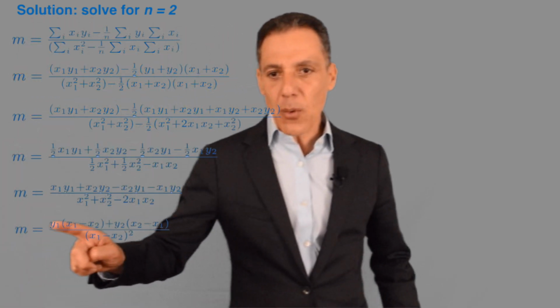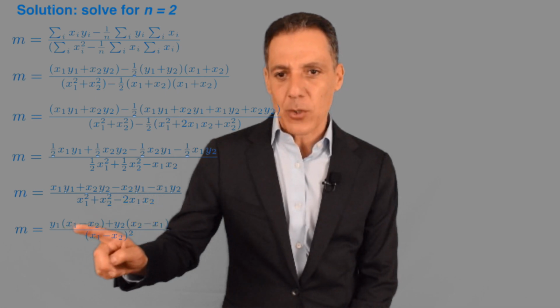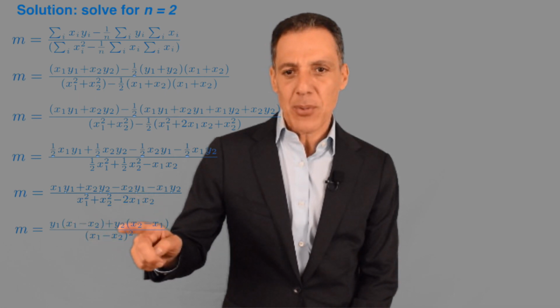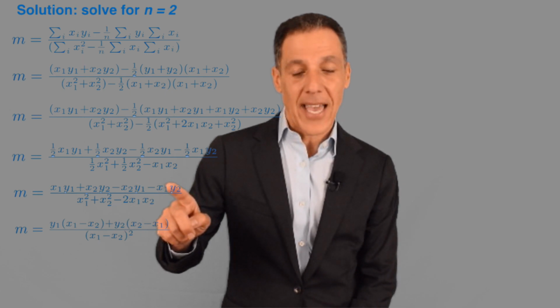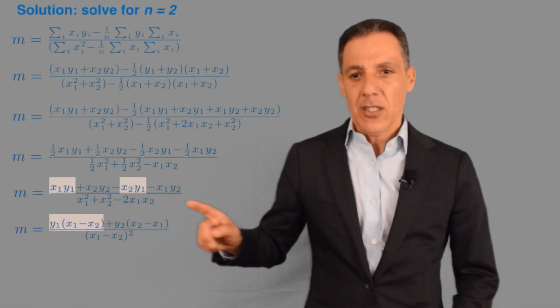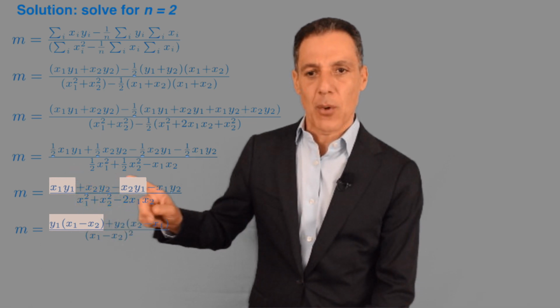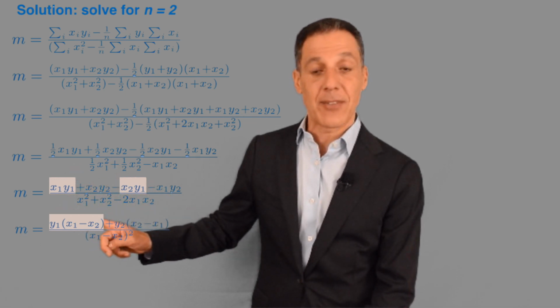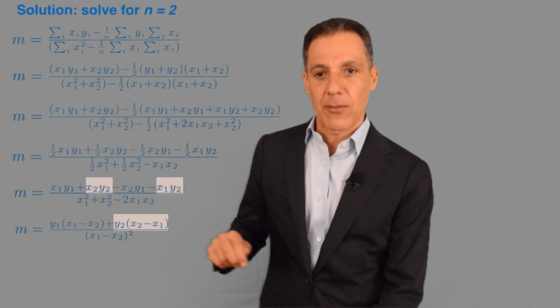So let me pull out the y1, which comes from here and from there, and that's, of course, x1 minus x2. And let me pull the y2 out, which grabs the x2 and the x1 right there. Good, so let me make sure we understand that. I've got a common y1 term in both of those. I'm going to factor it out, and then I've got times the product. I've got a common y2 term, and I've got that right there.